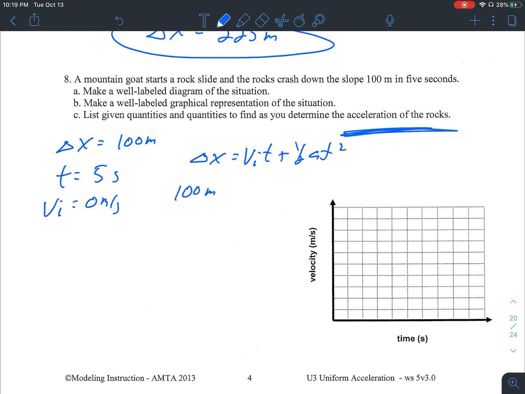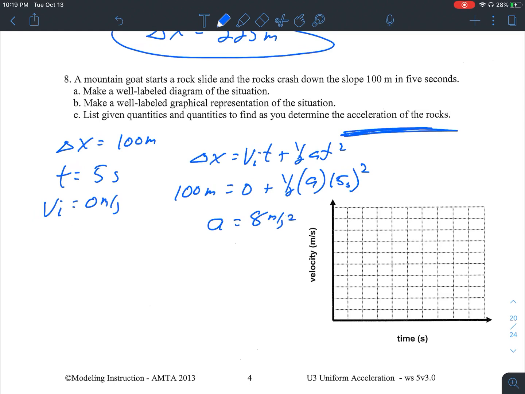And again, since velocity is positive, our displacement's positive, even though we're kind of going down the slope. And this time we're solving for acceleration instead of another variable. And that's 8 meters per second squared.